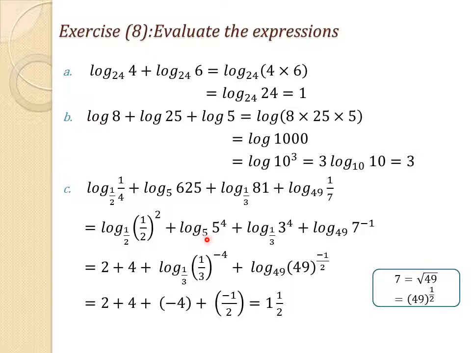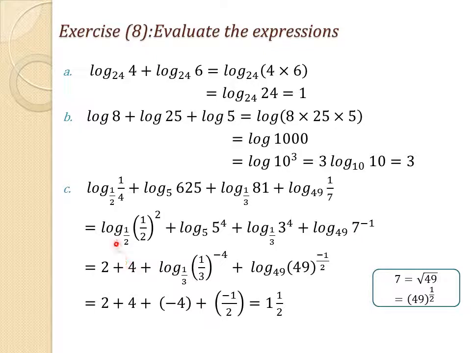I also follow the same approach, finding the equal values. Here also, this is 81, it's going to be 3 to the power 4. And there is a relation between 3 and 1/3. Also, 1/7 is 7 to the power negative 1, and I know that 49 is 7 squared, so I will try to solve it and make it easier.